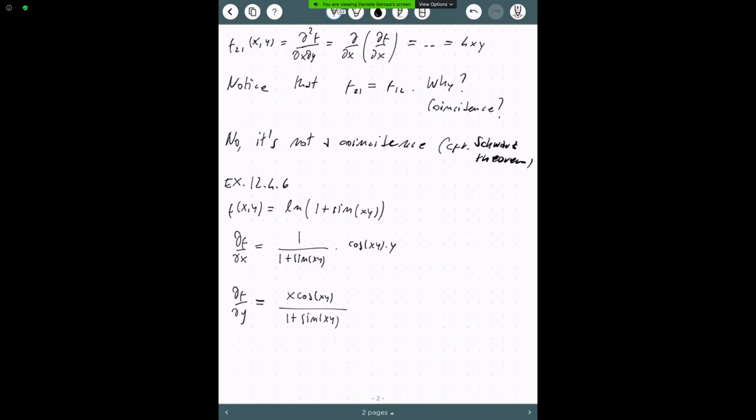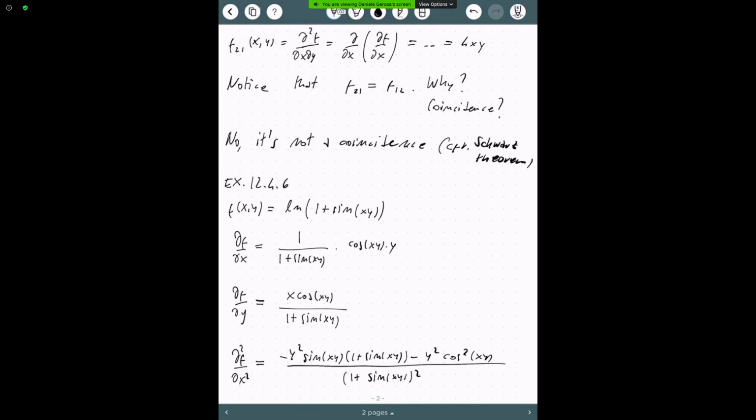So from here, we get the second order partial derivative with respect to x. You do again a bit of chain rule, you get this squared, and at the numerator we get minus y squared sine of xy, times 1 plus sine of xy, minus y squared cosine squared xy.